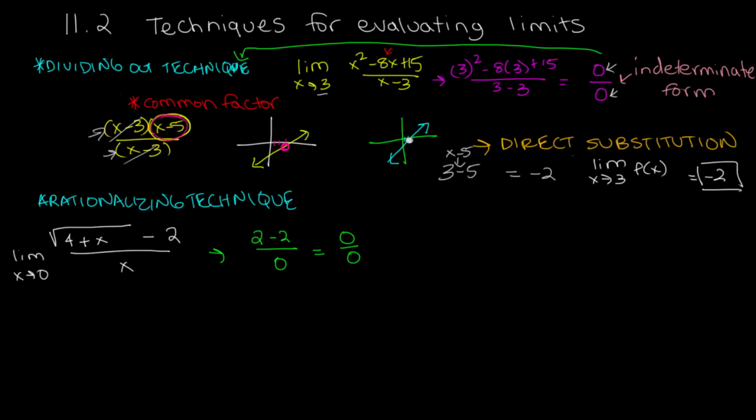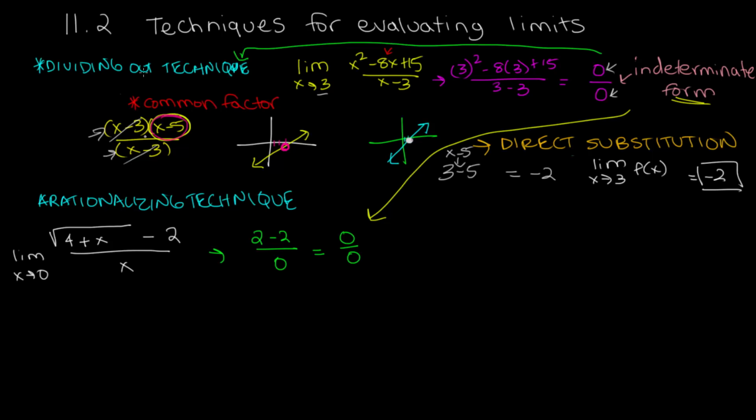And again, we're getting this indeterminate form, and we don't like this indeterminate form. We want to get something other than this indeterminate form so we can determine what the limit is going to be. So for these types of functions, we're going to use the rationalizing technique.